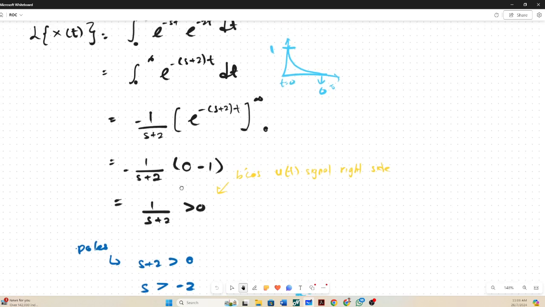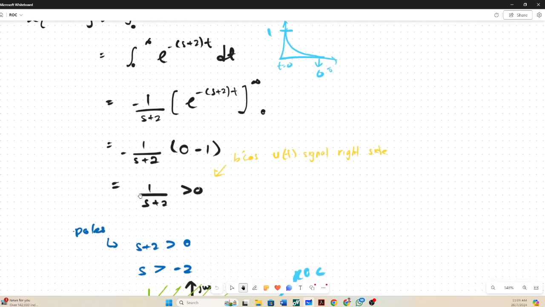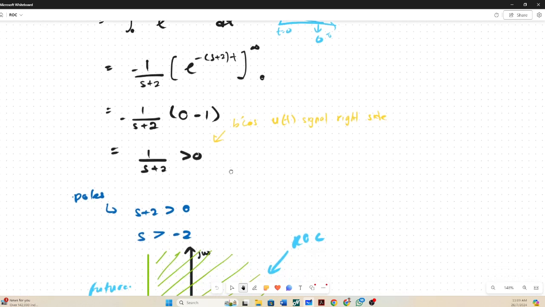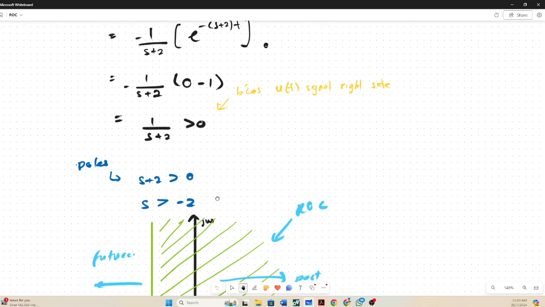To set the limit, we know the signal only happens when t is more than zero. So we can say that s plus 2 is more than zero, because the signal is right sided. If you bring the 2 to the right side, we get s more than minus 2.